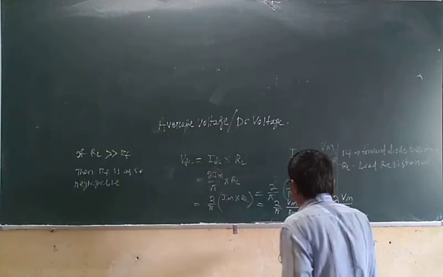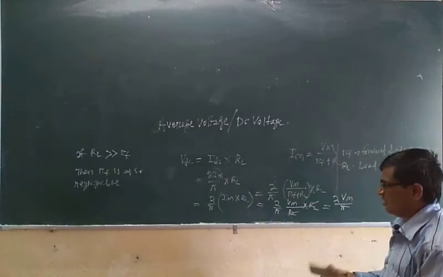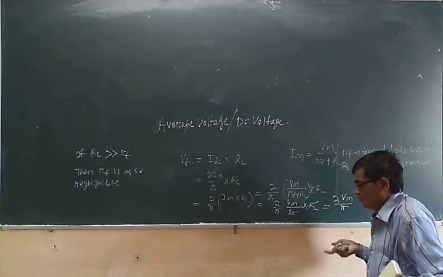So this is the average voltage or DC voltage on the output side of a rectifier.